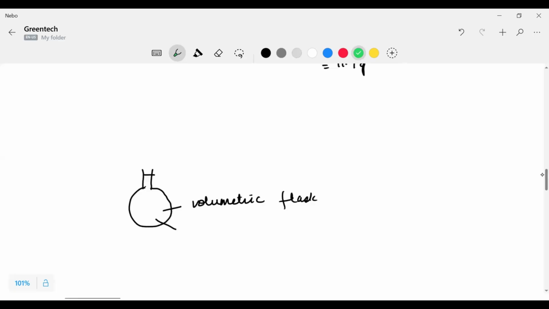Supposing I have 0.2 moles per dm cube of, let's say, potassium nitrate solution made in the lab, but I'm using 25 cm cube of solution for my experiment.